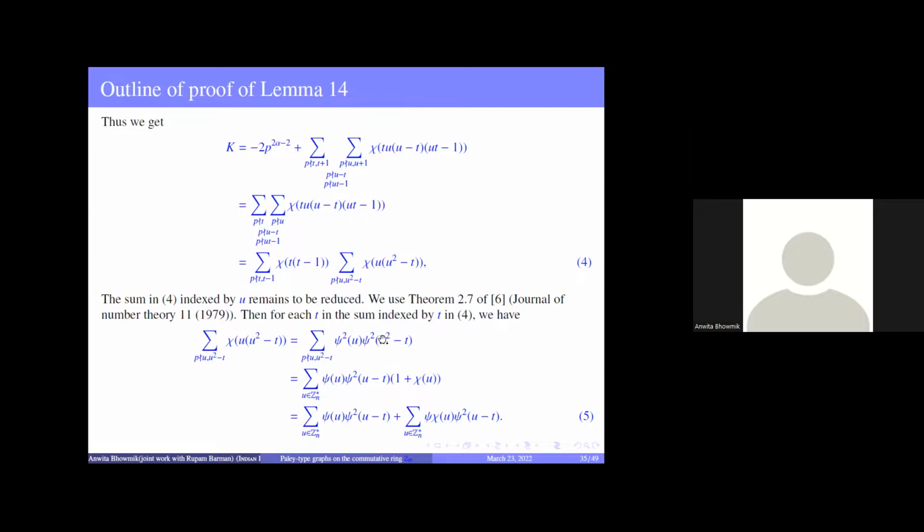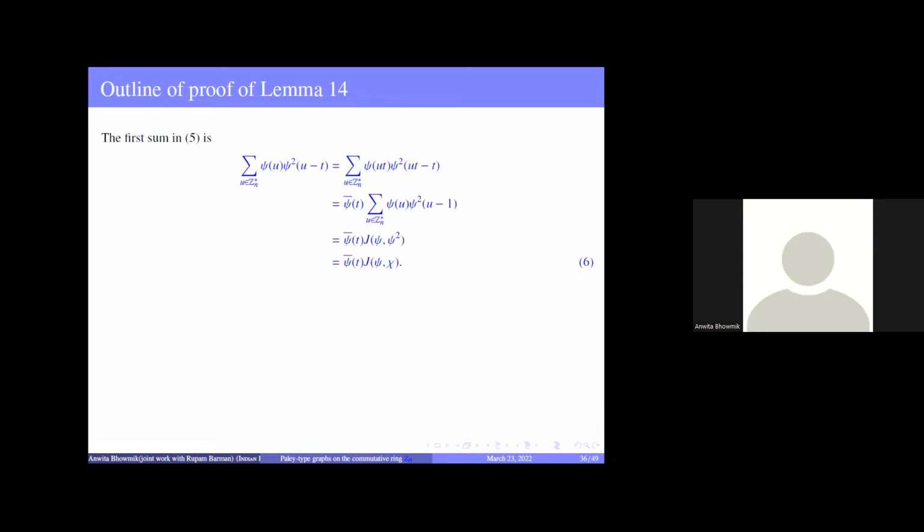So here I see this u square term. To remove this u square term, if I just want u, I need this term 1 plus chi of u, because anyway, u is in Zn star. So 1 plus chi of u is non-zero only if u is a square. Otherwise, it is 0. So using that idea, we have that the inner sum boils down to two terms, and each of the terms depends on the Jacobi sum.